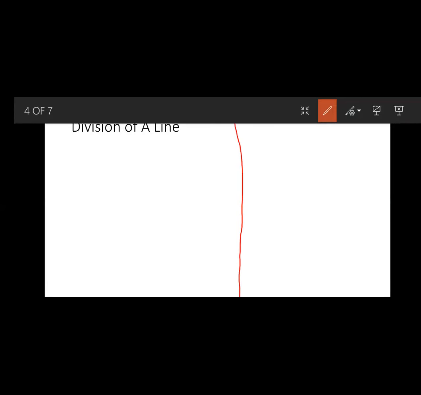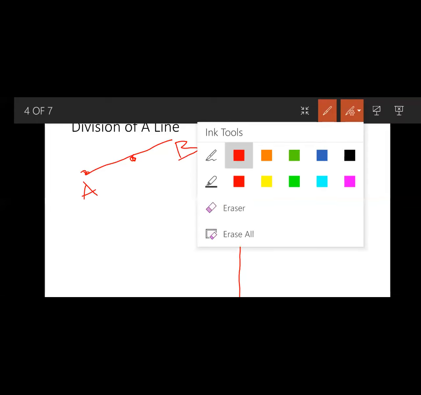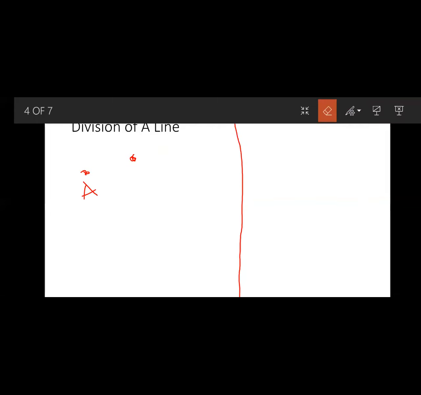So I may have a straight line, and it's divided into equal halves, meaning I'm talking about the midpoint. A and B, and this is the midpoint.